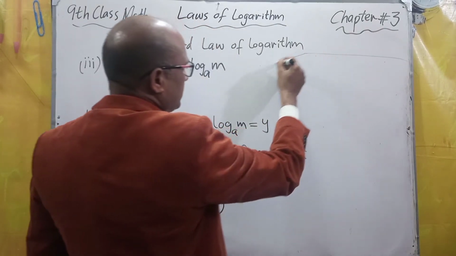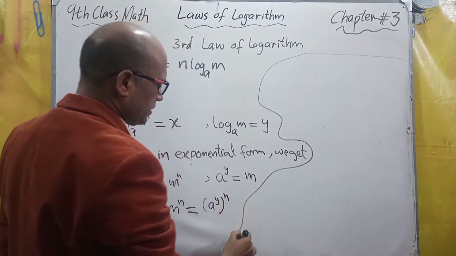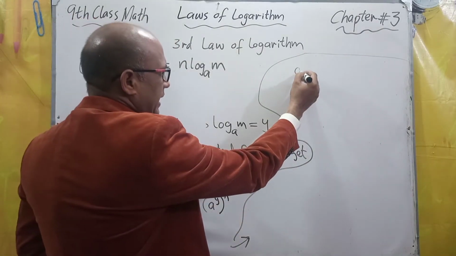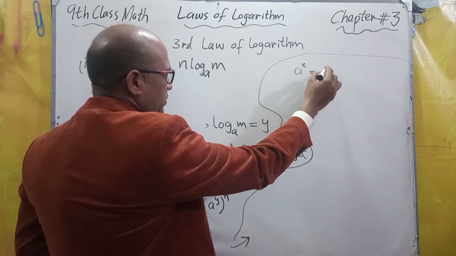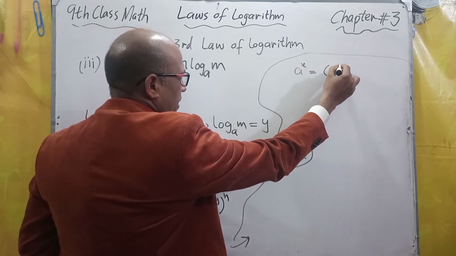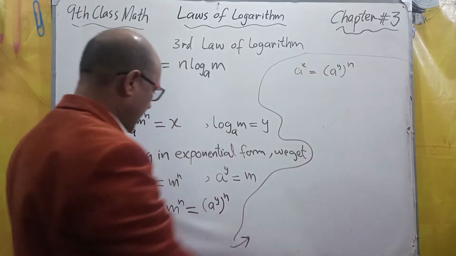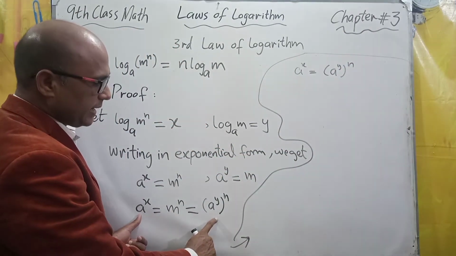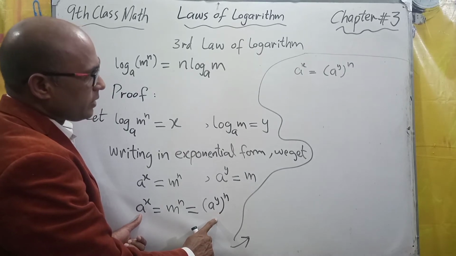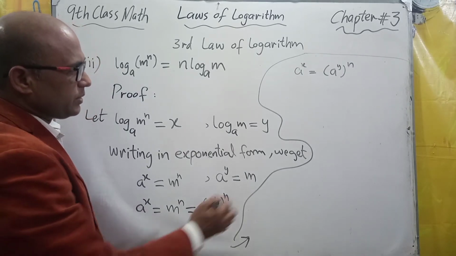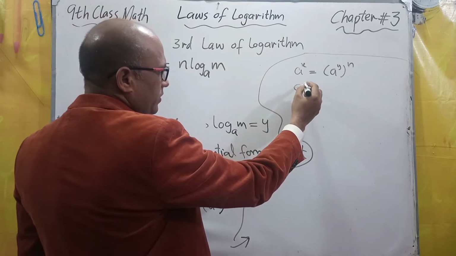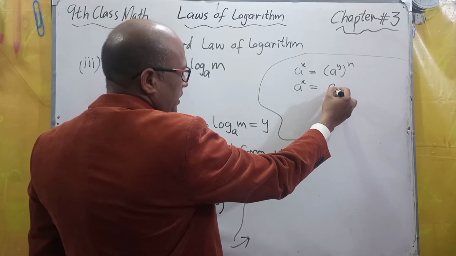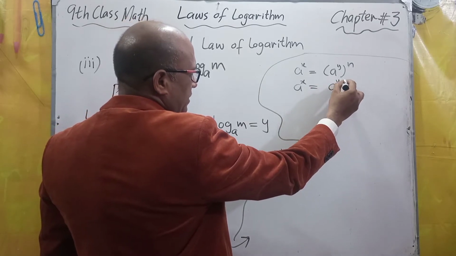Let's write it here. Now we can write a power x is equal to a power y whole power n. We can write this equal to this directly now. So we have equated them. So students, it is a power x is equal to a power y n.